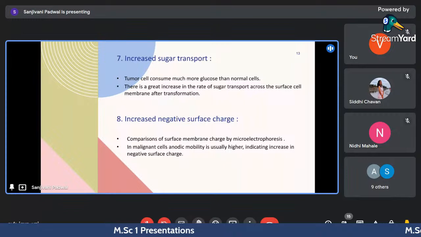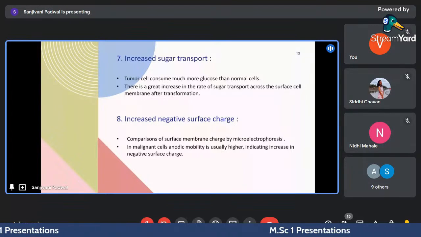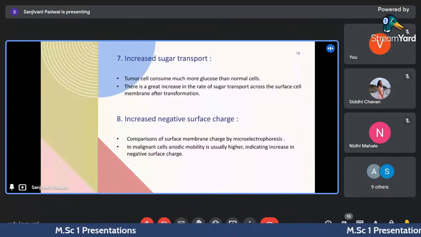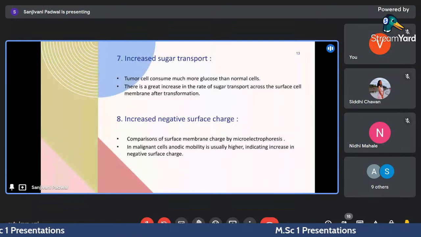Comparisons of surface membrane charge by microelectrophoresis have been made between normal and malignant cells. In malignant cells, electrophoretic mobility is usually higher, indicating an increase in negative surface charge.